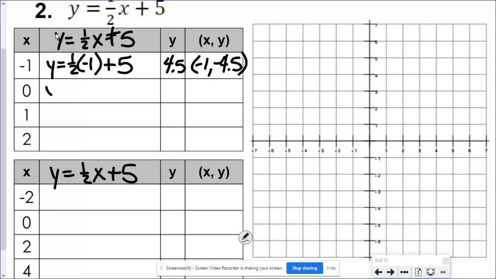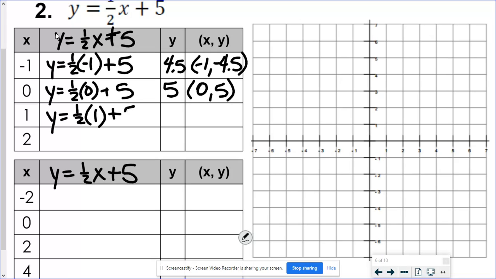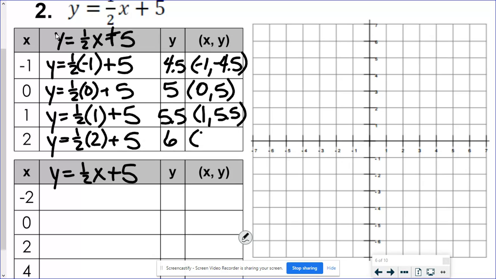When I put in a 0, well, anything times 0 is 0 plus 5 is 5. When I put in 1, I'm going to get 1/2 of 1 is 1/2, plus 5 is going to be 5.5, might be easier for graphing. And when I put in a 2, half of 2 is 1, plus 5 is 6.